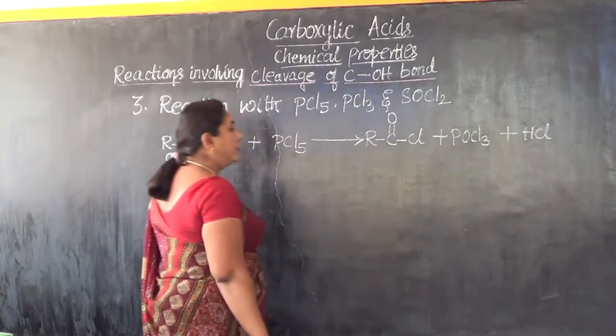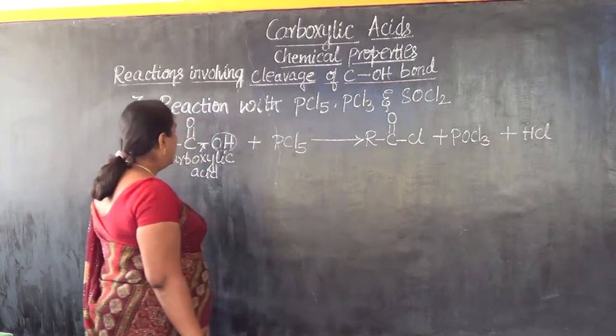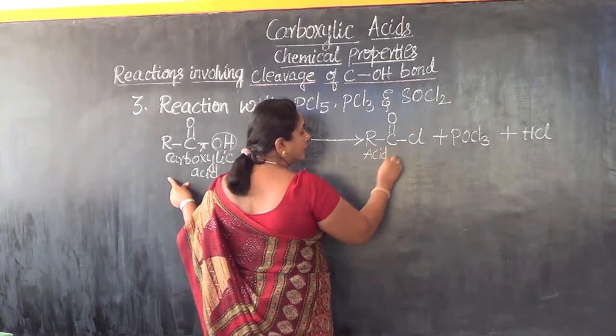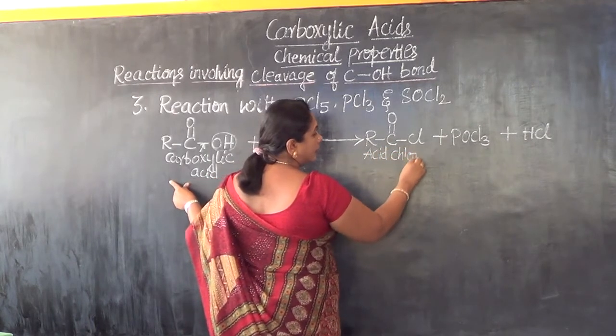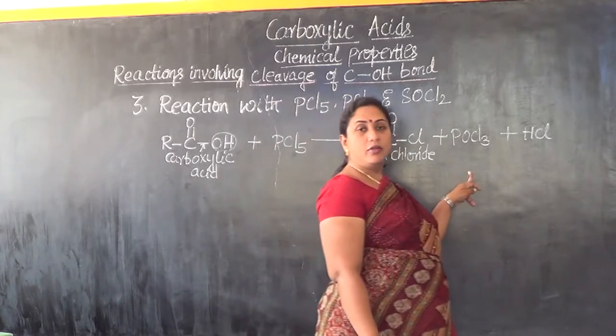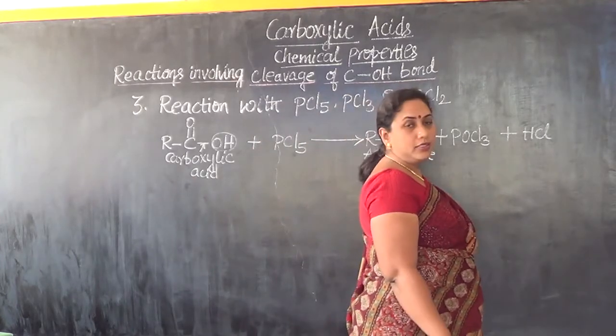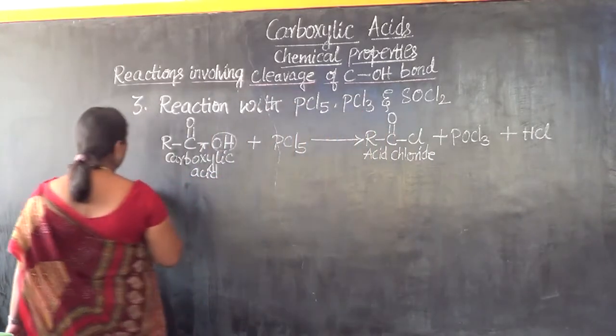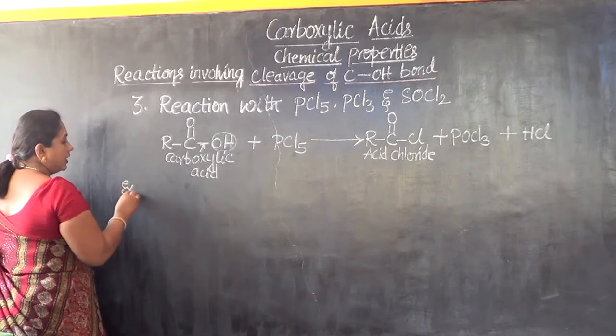So, what are all the different products we will be getting? We will be getting the acid chloride, the first product, the major phosphorus oxychloride along with HCl. Now, let me write this reaction with an example.